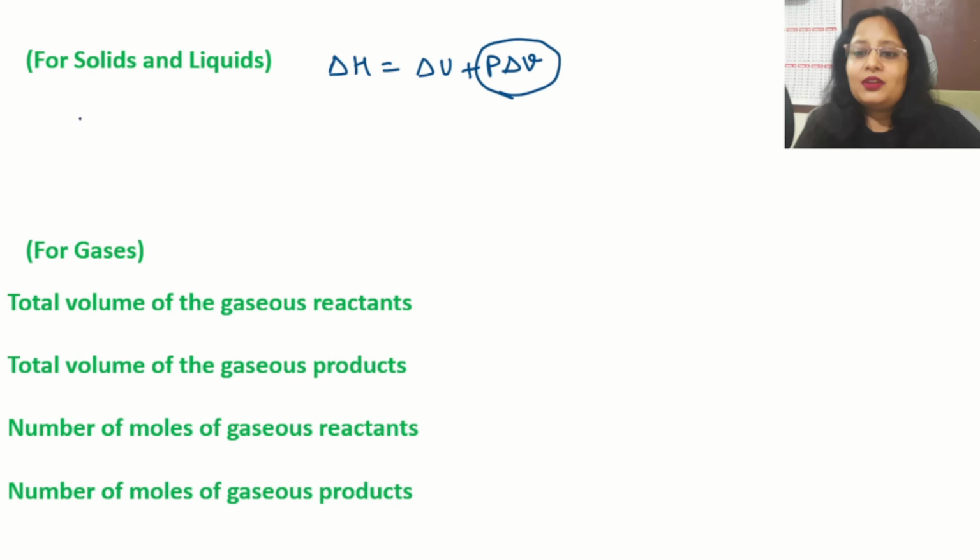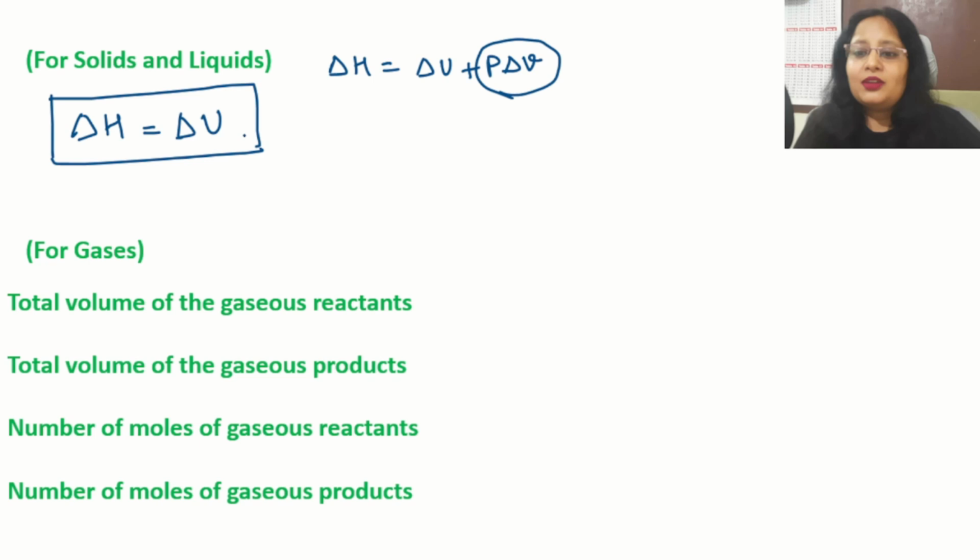So in that case, delta H is equal to delta U. It means change in enthalpy is equal to change in internal energy in case of solids and liquids. Clear? So whatever the enthalpy change, the same is the internal energy change.